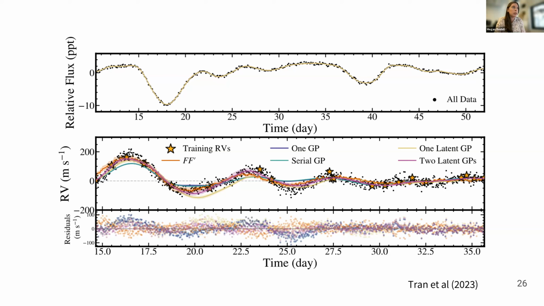And Kwong generated a flux time series that's reasonable for a Kepler or TESS-like cadence, and generated a ton of radial velocities. We generated many, many RVs, but we chose only a small subset, represented as the stars marked training RVs here, to actually train our model on. This is equivalent to just observing where the stars are.